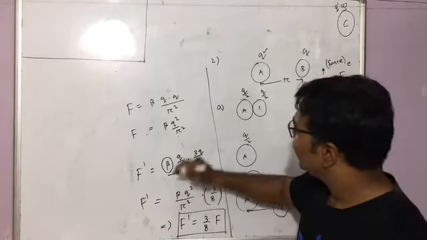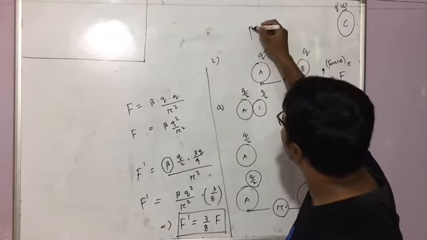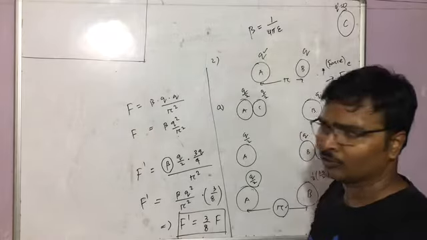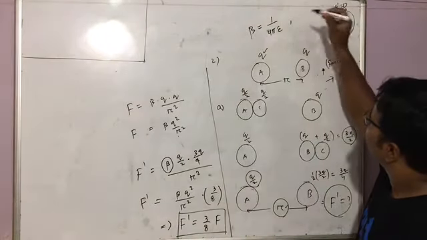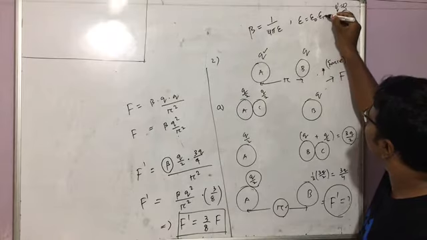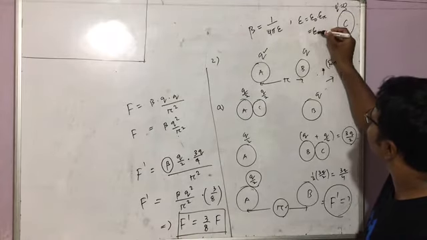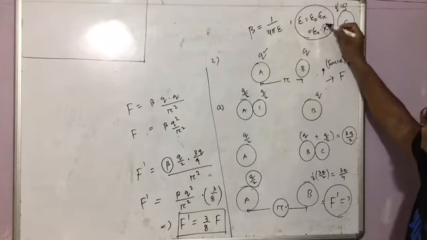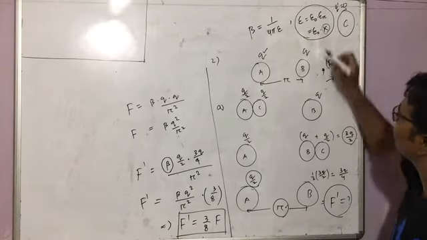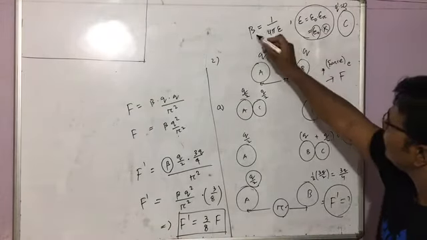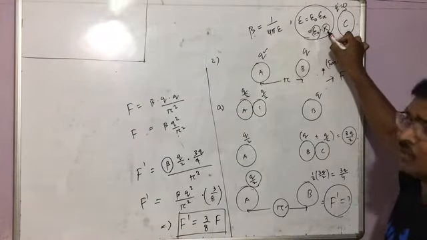Beta is 1 by 4 pi epsilon, and epsilon is epsilon naught into epsilon r, or epsilon naught into k. So k is the dielectric constant, and epsilon naught is the permittivity of free space.